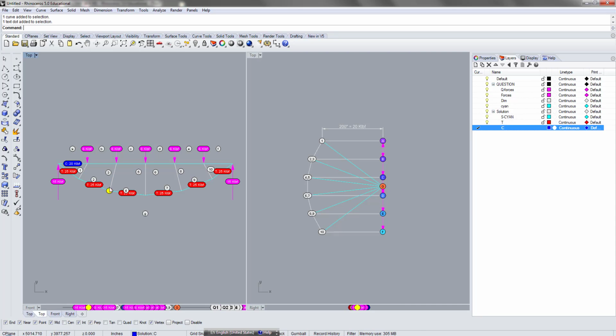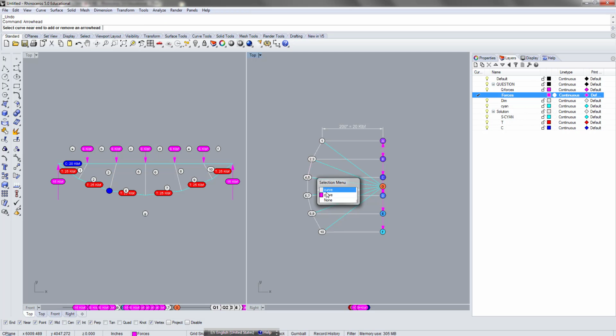So if you went to this point, that member is called 3-4. 3-4 would be a force that starts from point 3 and ends at point 4, so it should be facing that direction, and if you move it to here, it's pushing towards that point, so that member is also in compression.